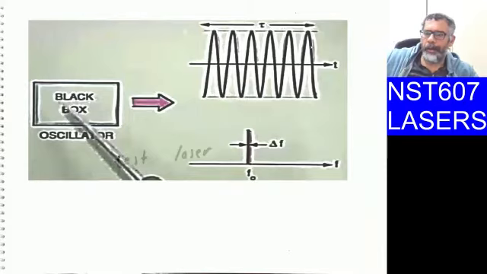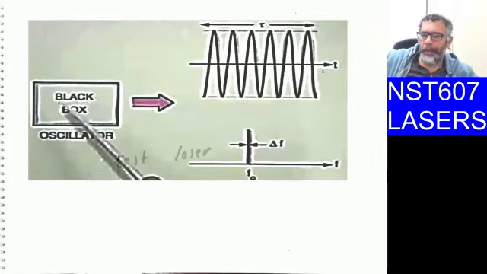You only see a very short, limited piece of this signal, and it goes infinitely in both directions along the time axis. So this is an ideal sinusoidal signal that we already discussed in our previous lectures.